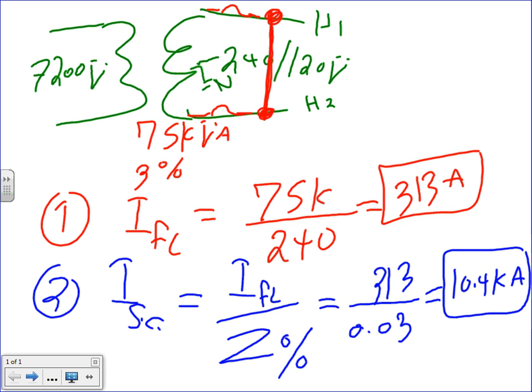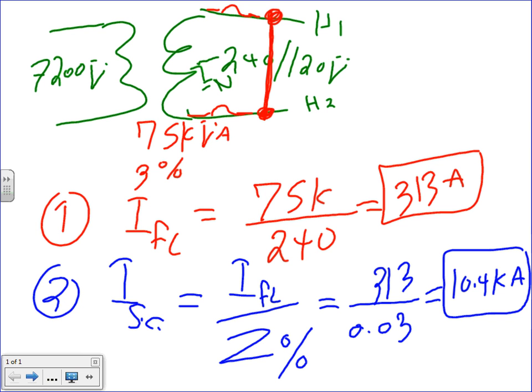I didn't write the K, it's already in kVA. So kVA times 1,000, then you divide it by the voltage and divide it by the impedance.